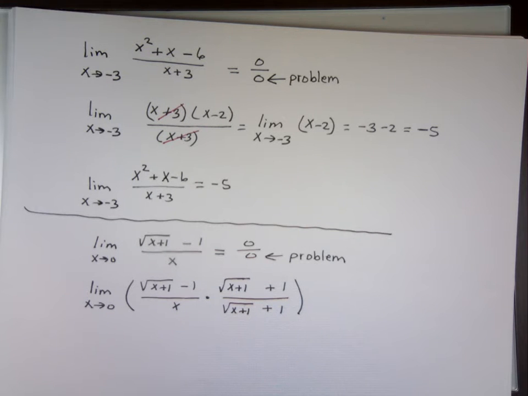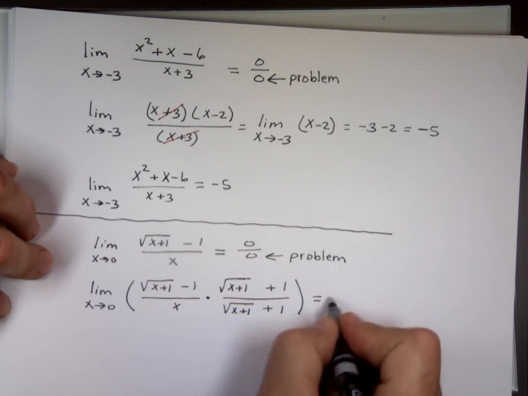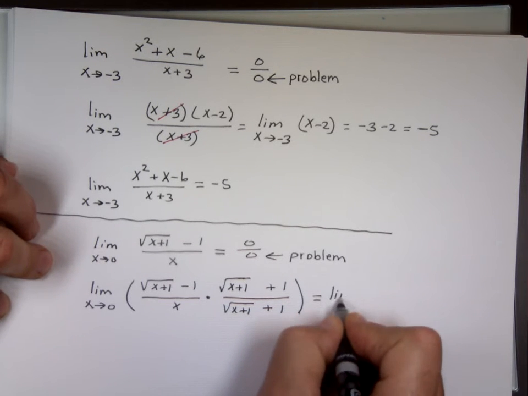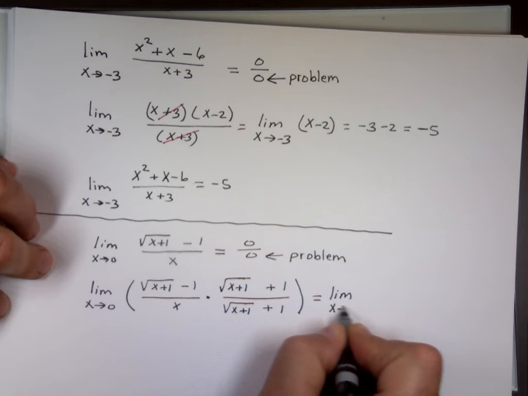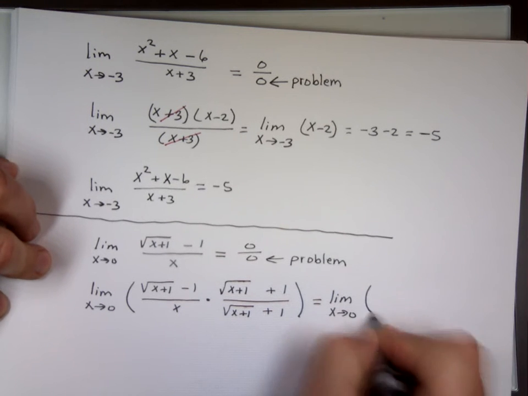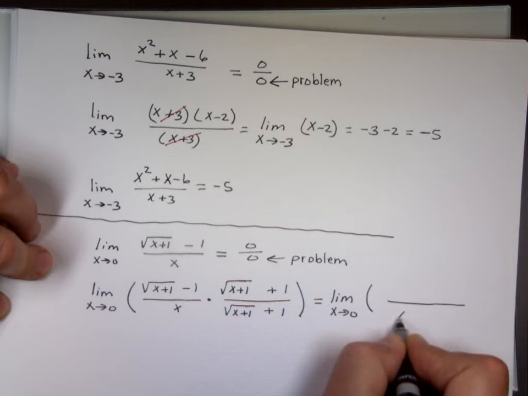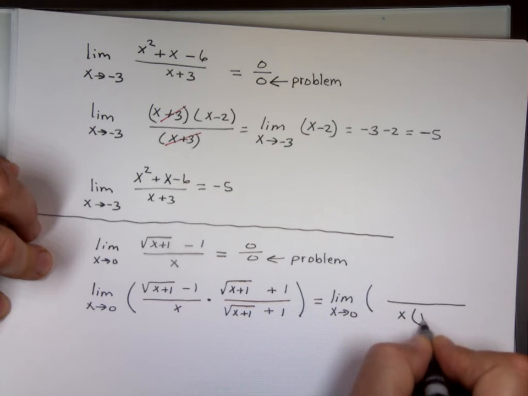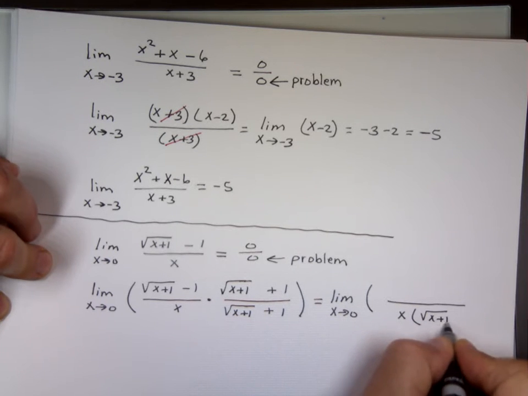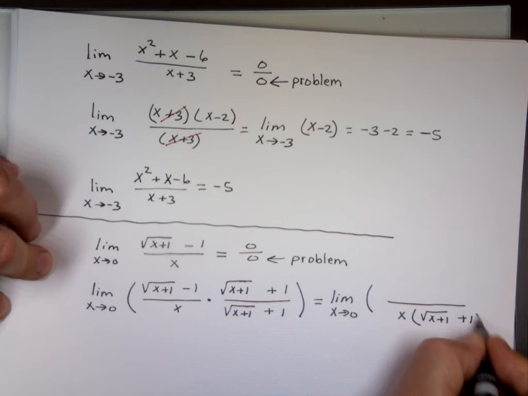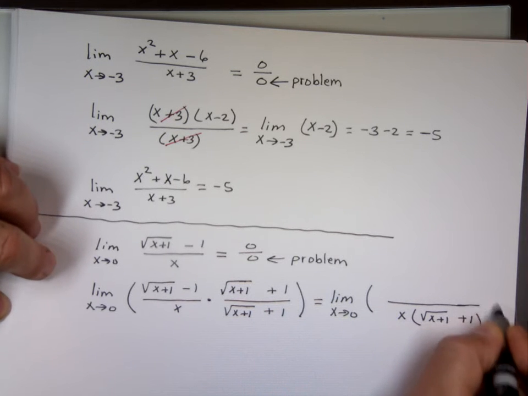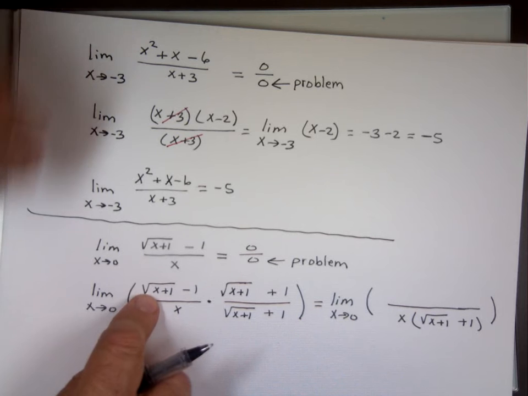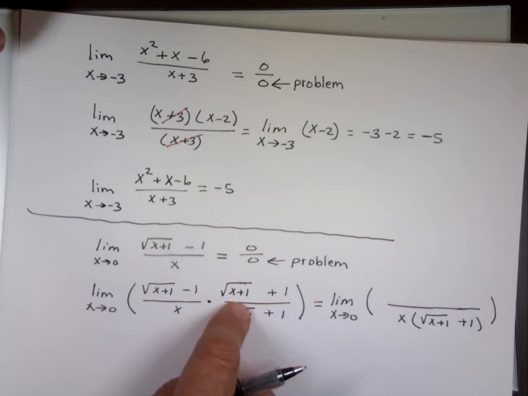And if you FOIL the top, leave the bottom alone, because they tend to cancel nicely. You can multiply it out, but if you leave the bottom alone, you have x times the square root of x plus 1 plus 1 in the bottom. If you look at the top, what is the square root of x plus 1 times the square root of x plus 1? x plus 1.